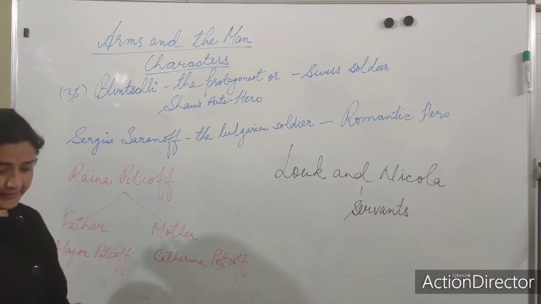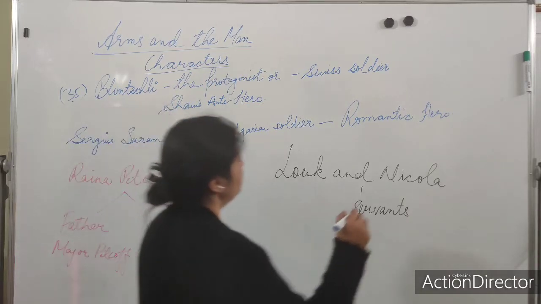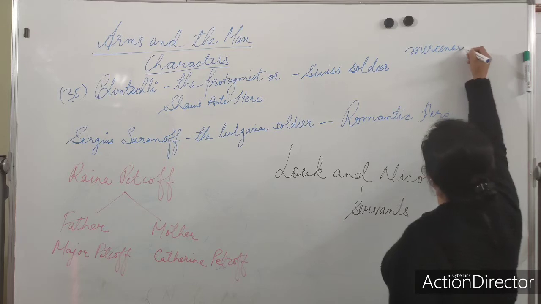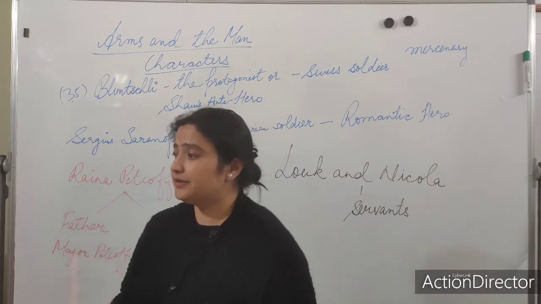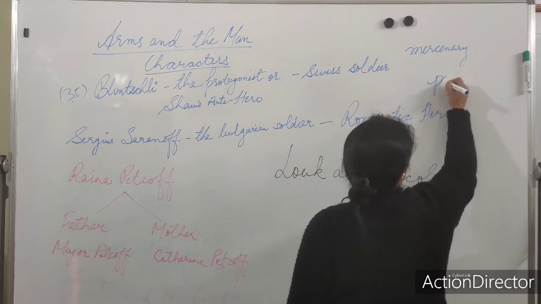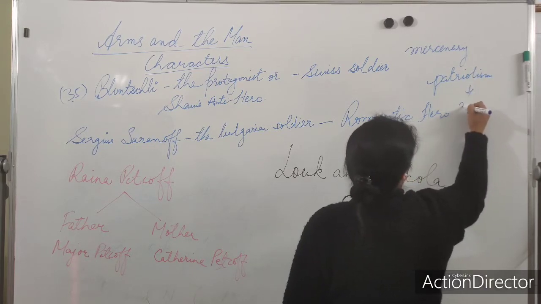And he is a Swiss mercenary soldier. Now please remember, who are mercenary soldiers? They are professional soldiers, right? And they do not fight for what? Patriotism. Rather, they fight for money.